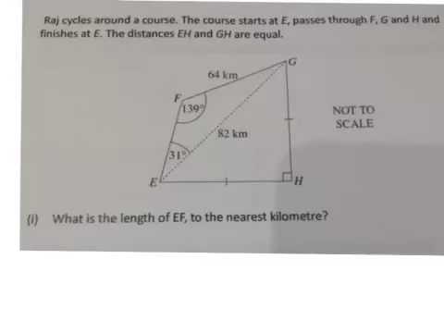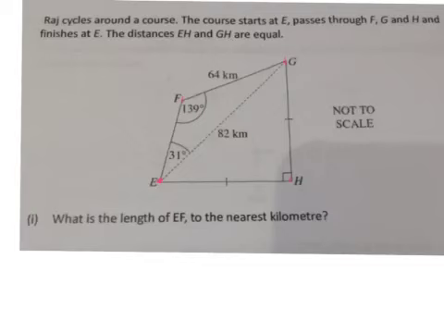Another question from the Year 12 half-yearly exams, and it's on the topic trigonometry. If we read the question here, we find, let's underline the keywords. Raj cycles around a course. The course starts at E and passes through F, then G and H, and goes back to where it started from.